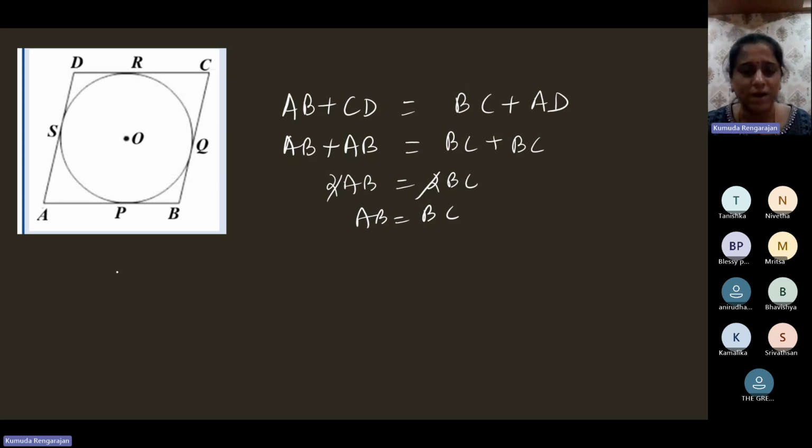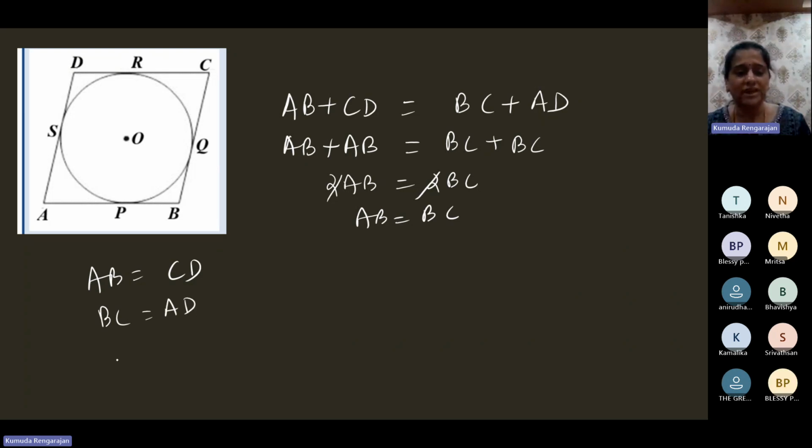But now you see in a parallelogram, already AB is equal to CD and BC is equal to AD. Now we have this result AB is equal to BC. So we already have these two results. Now just take some numbers. Supposing AB is 2, so AB is equal to BC, 2, 2. Now what is BC? 2.